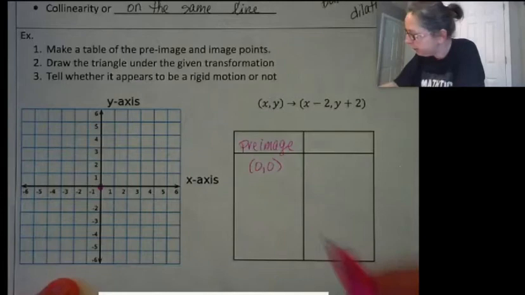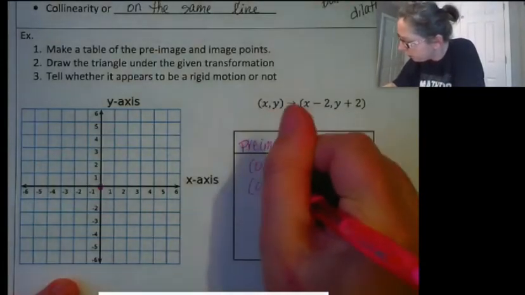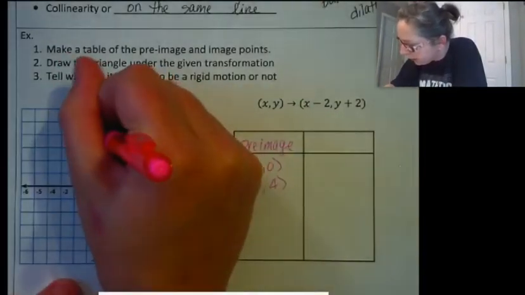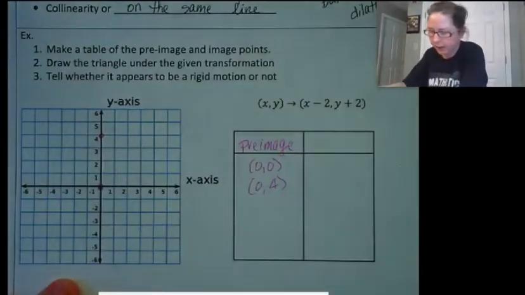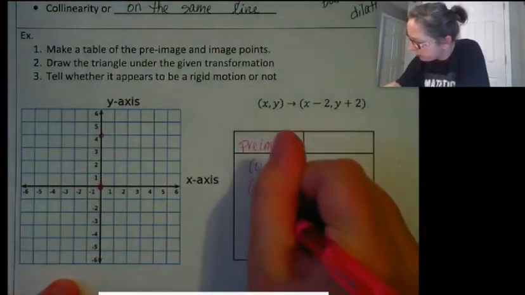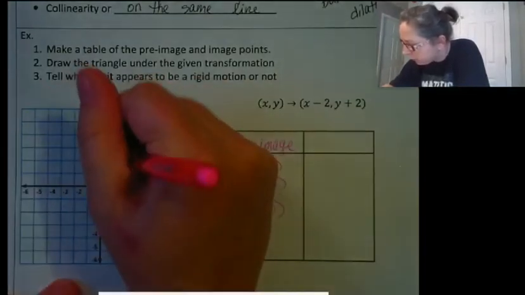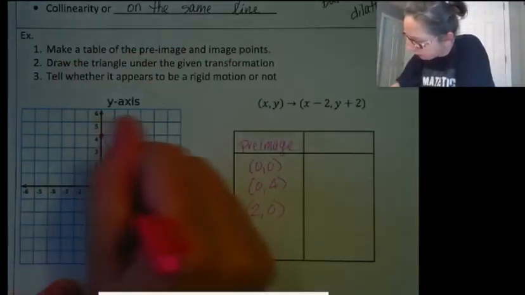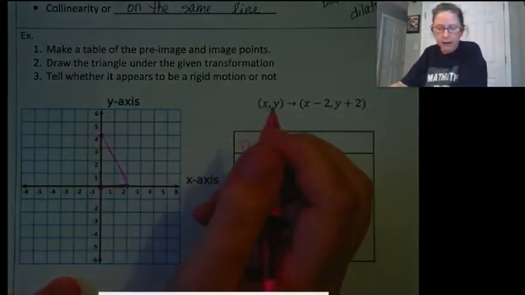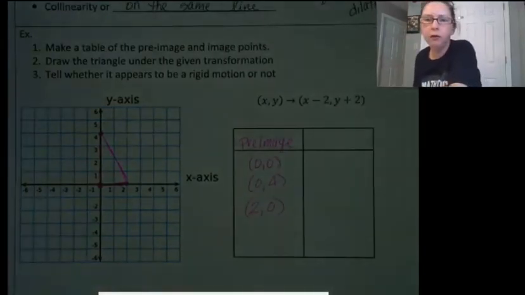What's my other point? 0, 4 right here. And then my last point will be 2, 0 right here. And I'm going to connect the points of this triangle. Okay. And I'm going to label, whoa, that got way too dark.